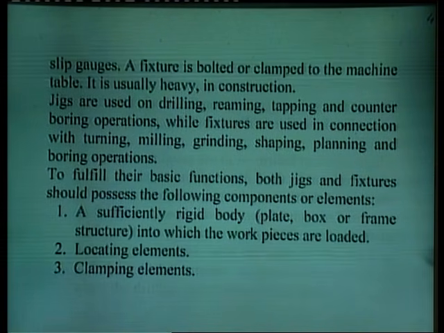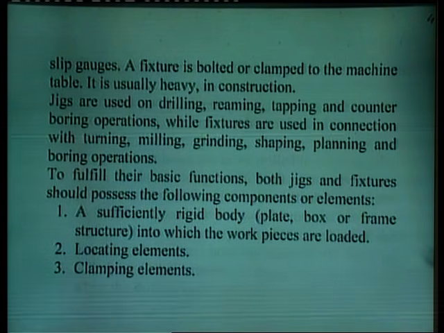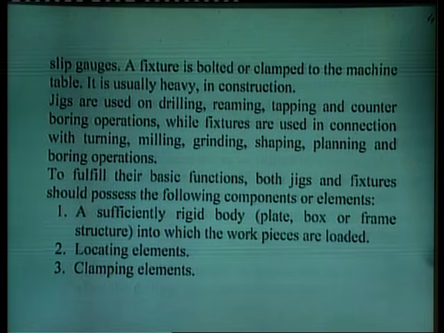And a fixture is a work holding device which holds and positions the work, but it does not guide the tool with respect to the workpiece. These fixtures are heavy in construction, so that is why they are bolted to the machine table.